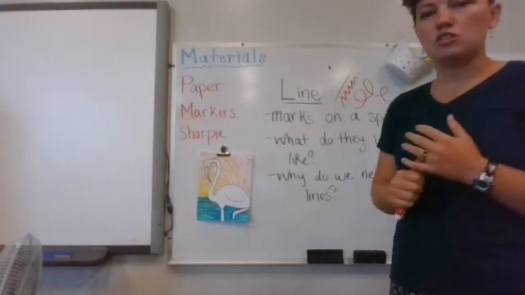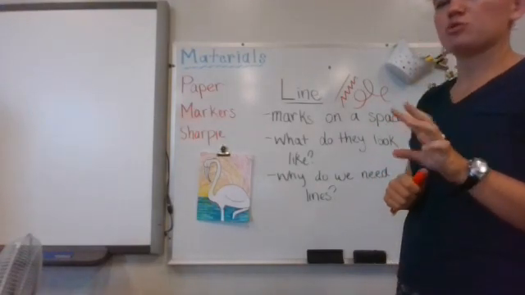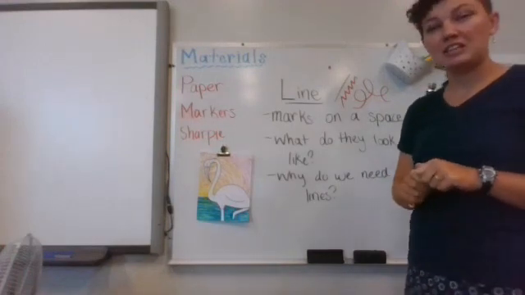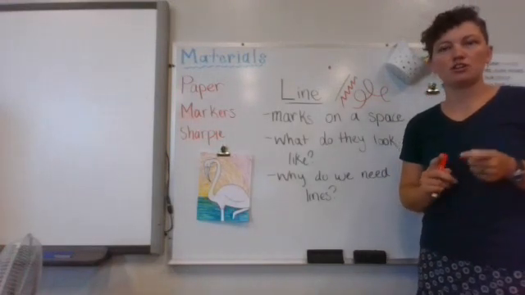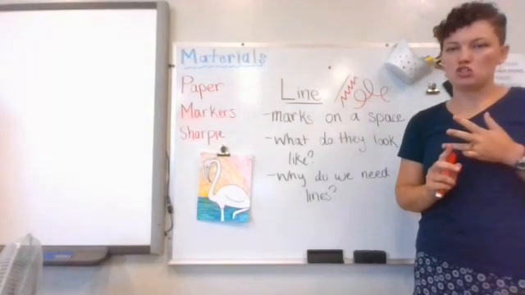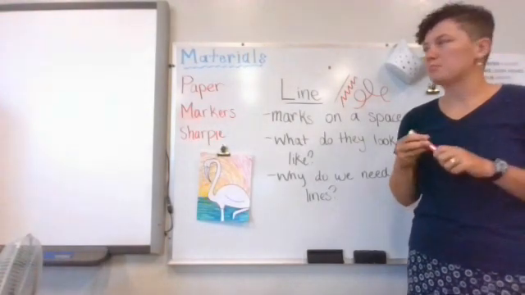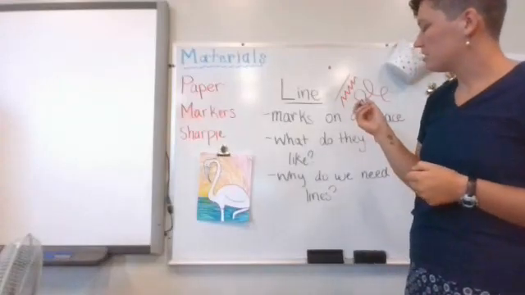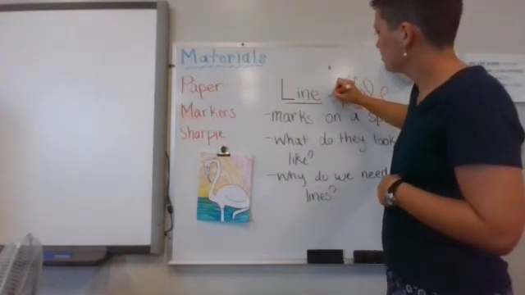Okay, so I drew 3 examples for you. Are there any other lines that you can think of? They might be curvy, they might be jagged, they may be a dashed line. But think about that, see if you can come up with any other lines, and I'm going to draw some more up here.